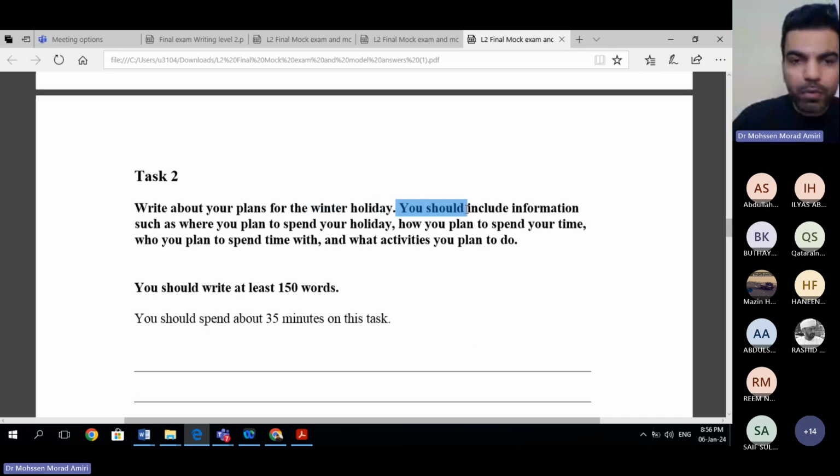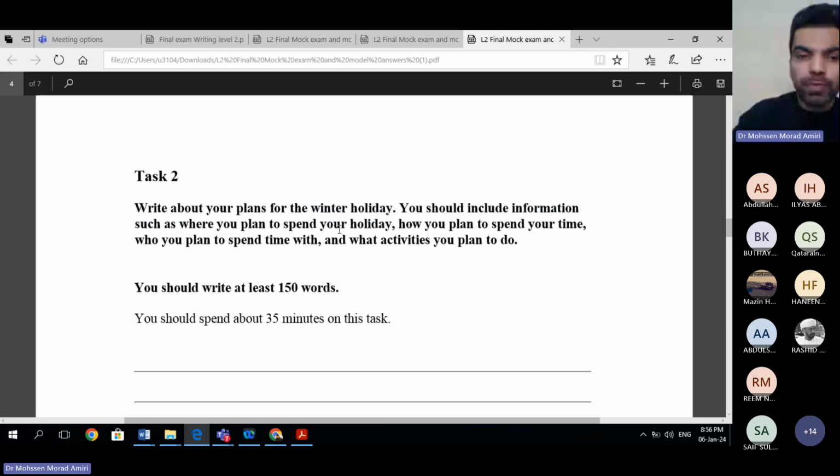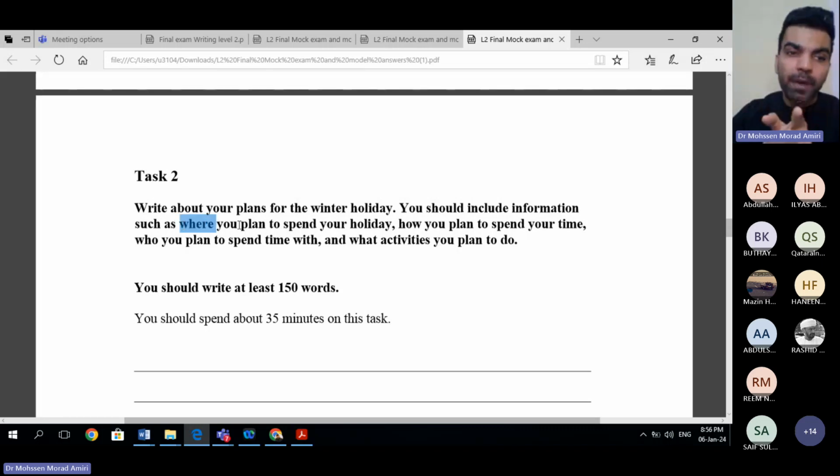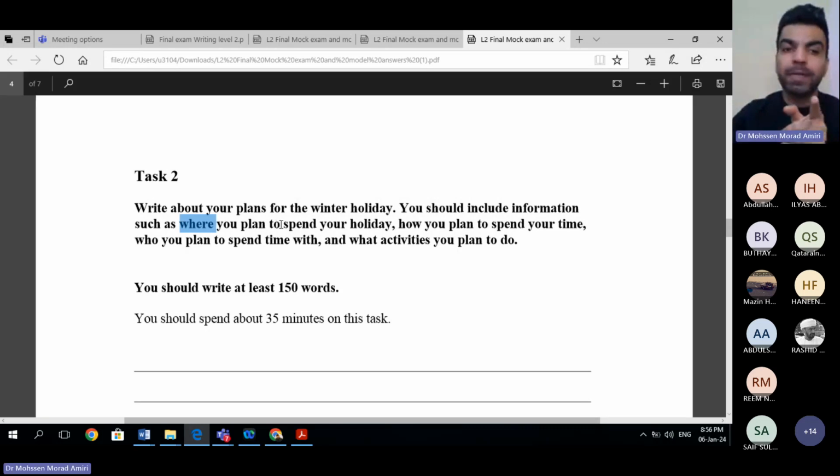So in question number 2, they will give you extra information, some related points that can help you to get ideas. Underline it. Where you plan to spend your holiday? How you plan to spend your time?